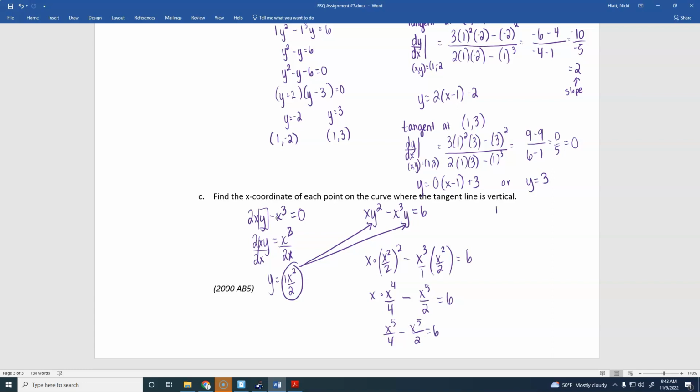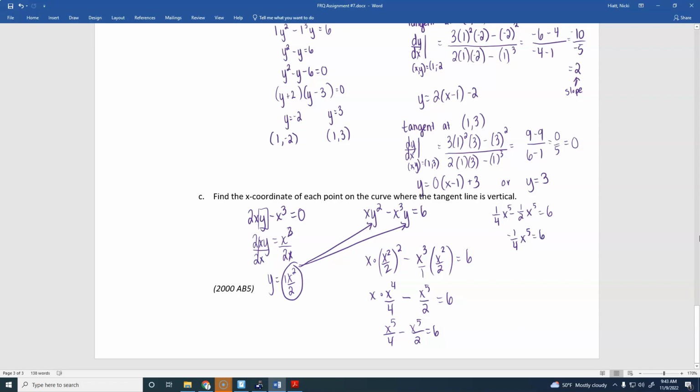It might be easier to think of this as 1/4 x to the 5th minus 1/2 x to the 5th equals 6. What is a 1/4 minus a 1/2? Negative 1/4. So I get negative 1/4 x to the 5th equals 6.